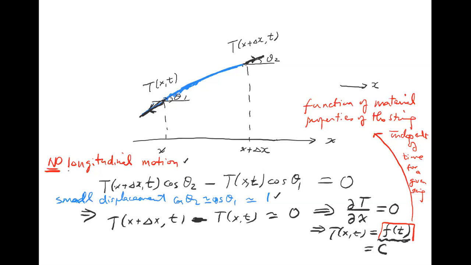You can imagine such a situation, but for a given string whose vibrational motion we study, that will not be the case. So in that case this function will just be a constant. What we have shown is that if there's no longitudinal motion and also small displacement, then the tension has to be constant.